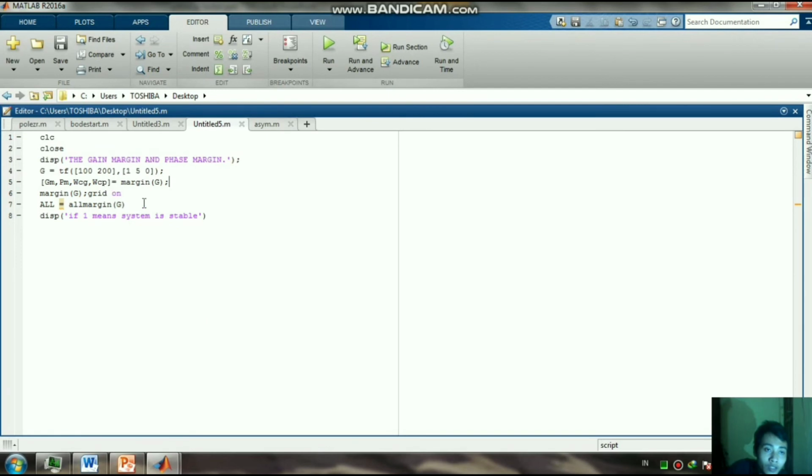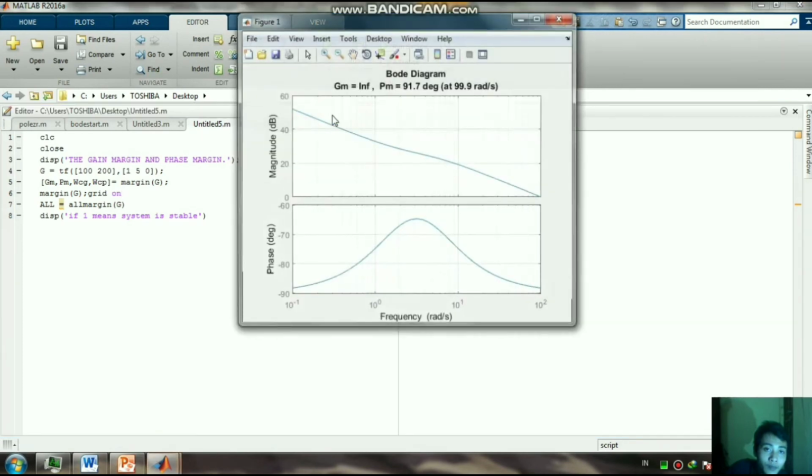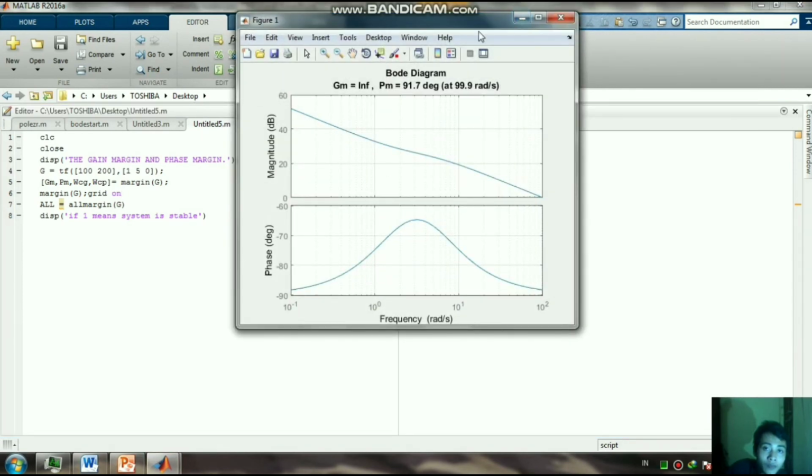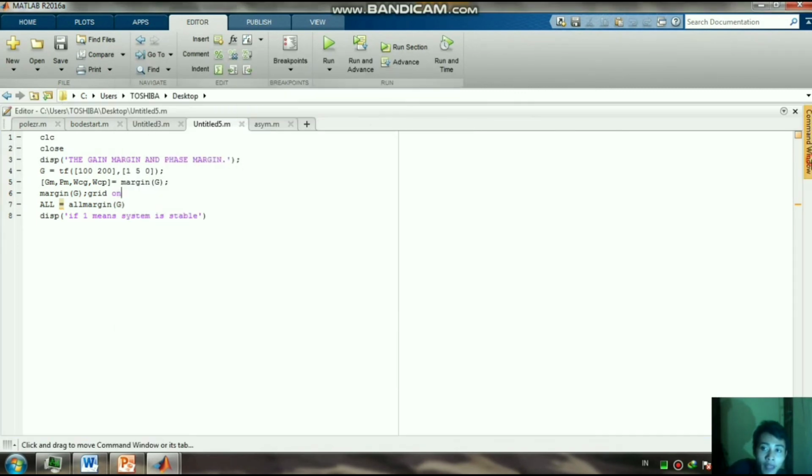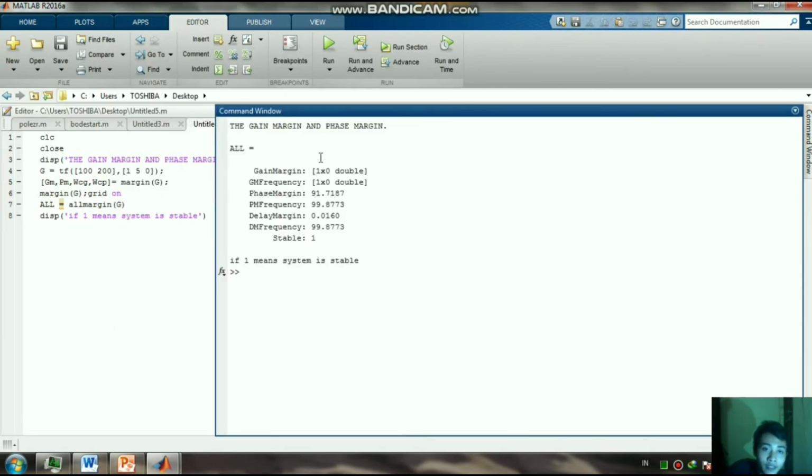With this source code we can get the phase and gain margin, and this is the result of the gain margin and phase margin.